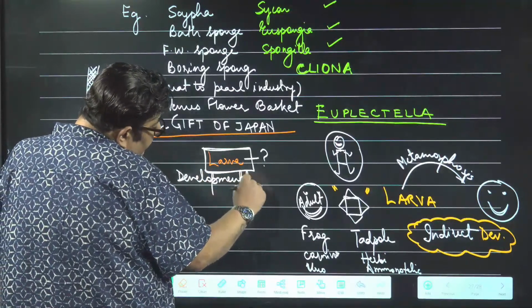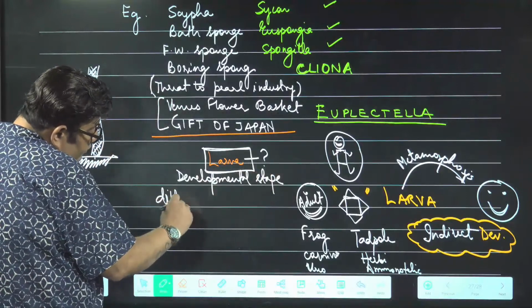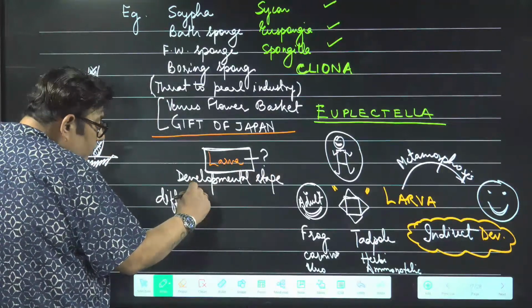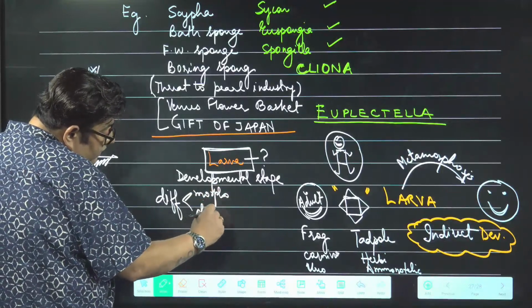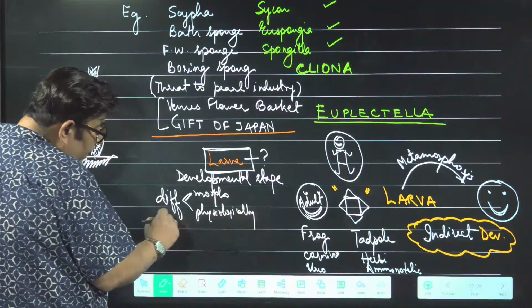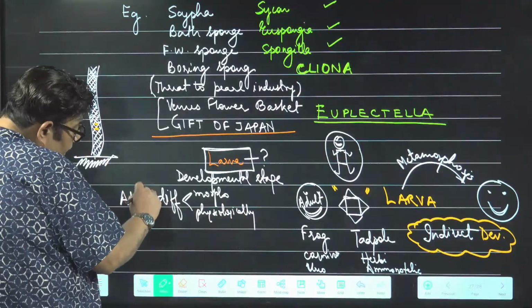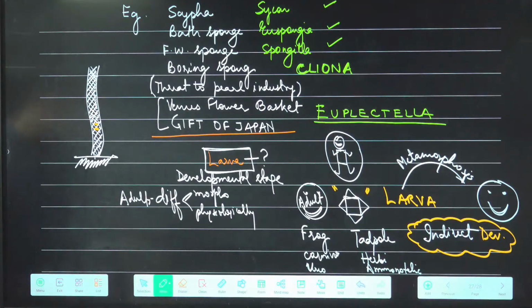It's a developmental stage. It is different from the adult, both morphologically and physiologically. I hope you understand.